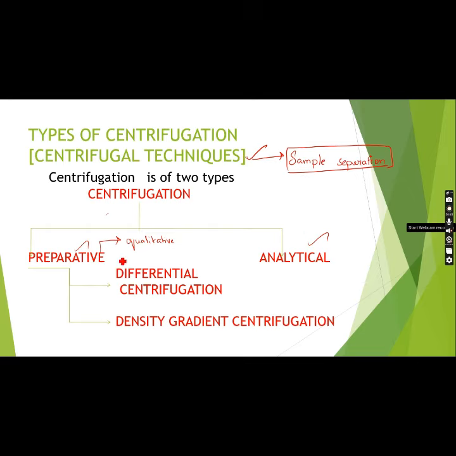Preparative centrifugation is not a very accurate type of centrifugation, but in the case of the analytical technique it is going to be quantitative, so even small changes in the sample or biomolecules can be separated.